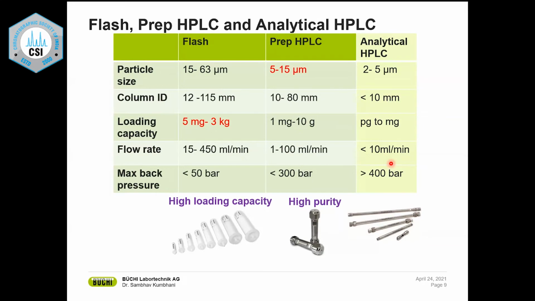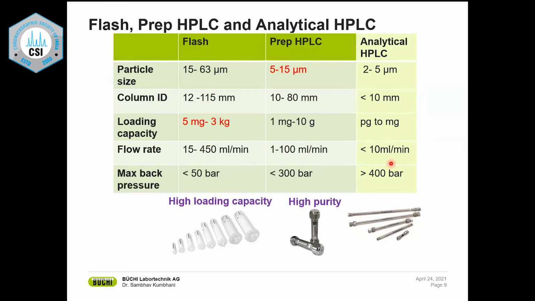On the other hand, prep is much faster than analytical, but it's not as good a separation, though it is much better than flash. And flash is super fast. It is truly flash, and that's why it's called flash chromatography. What would take around 3 hours on analytical HPLC might finish in 30 minutes in flash.